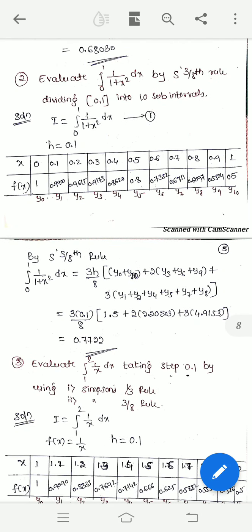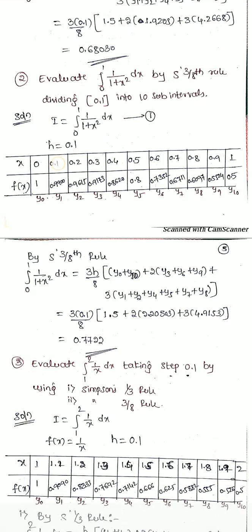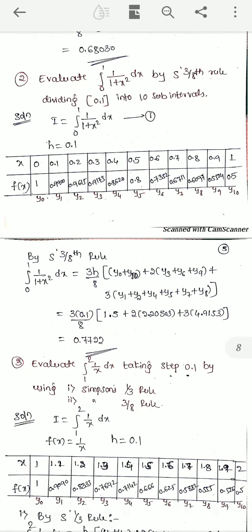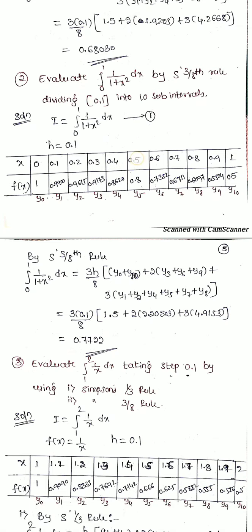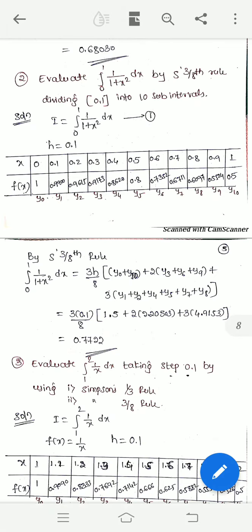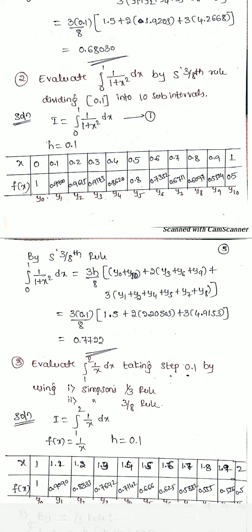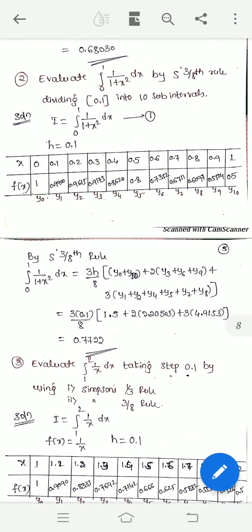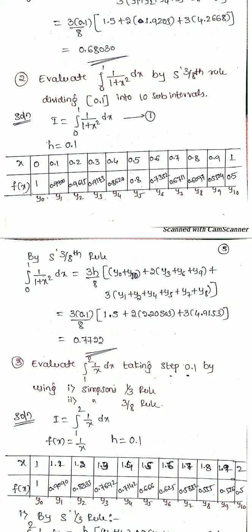So we shall construct the x values and f of x values. The x values are 0, 0.1, 0.2, 0.3, 0.4, 0.5, 0.6, and so on up to 1. On the basis of the x values, the y values are calculated: when x equals 0, y equals 1 in equation number 1.